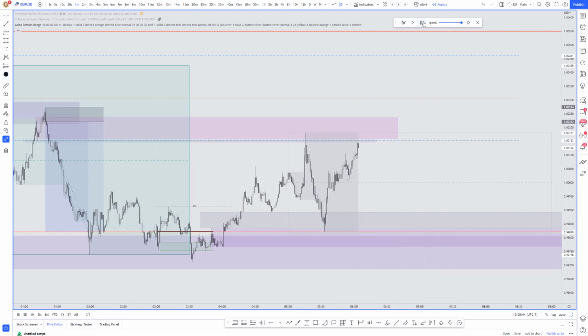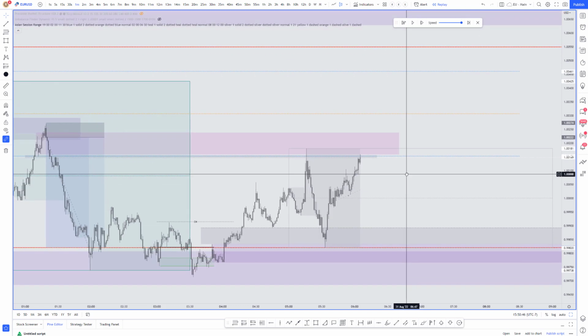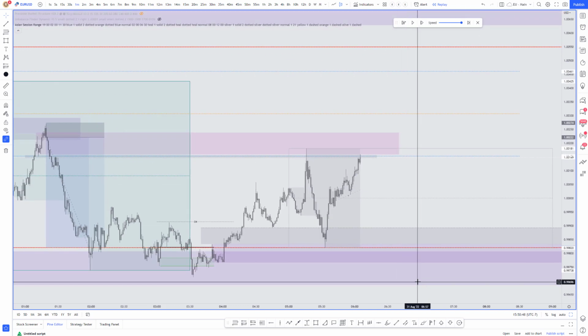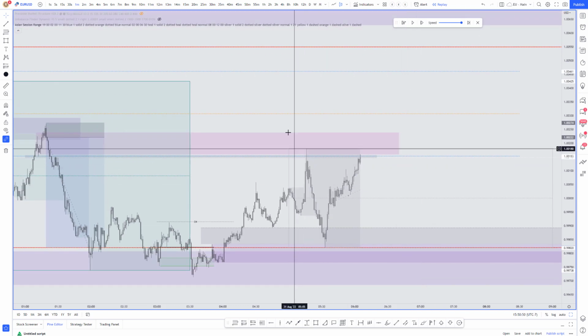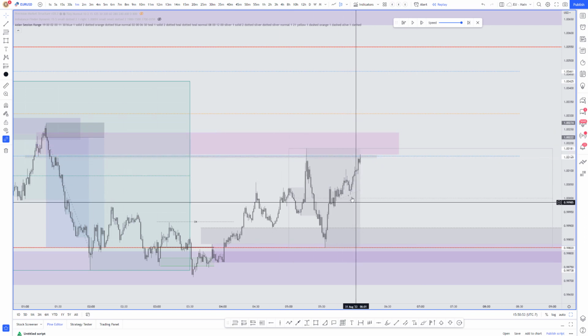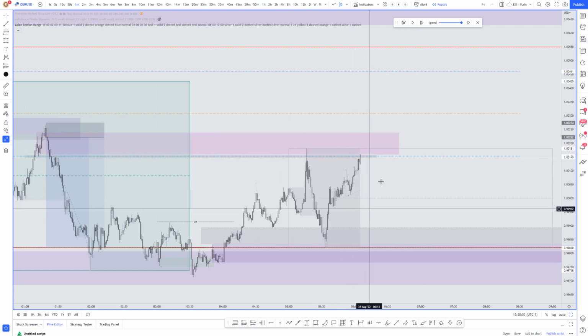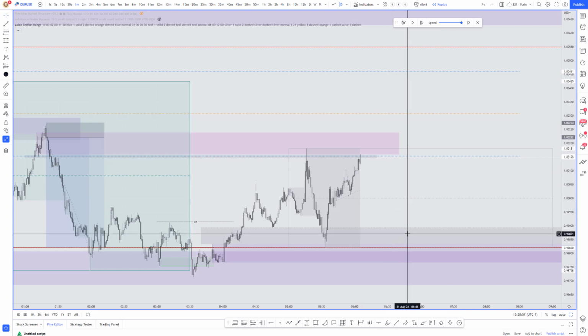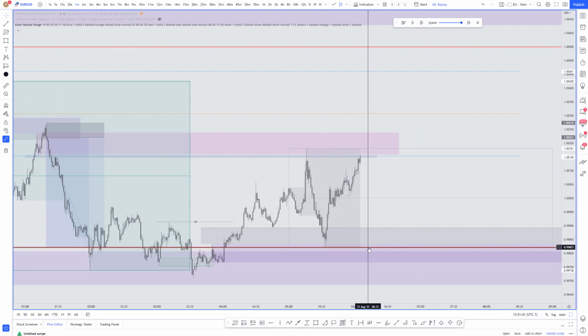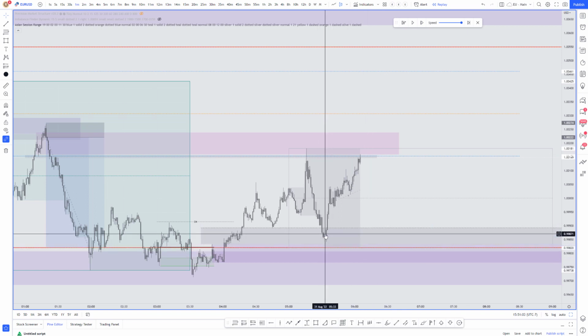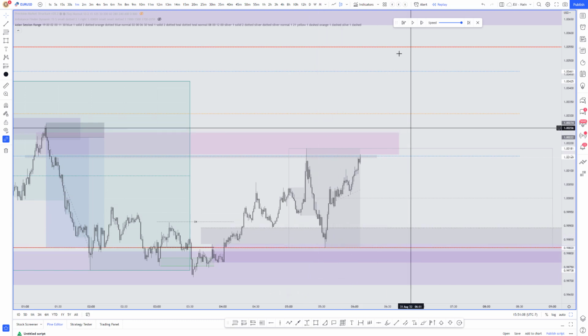So one of two things is going to happen. Price either continues on going, or we grab this liquidity and then continue going. And obviously, we could get more reactions here. When you see a really aggressive V-shaped reaction like that, though, price doesn't always come back. That's just one of those things.